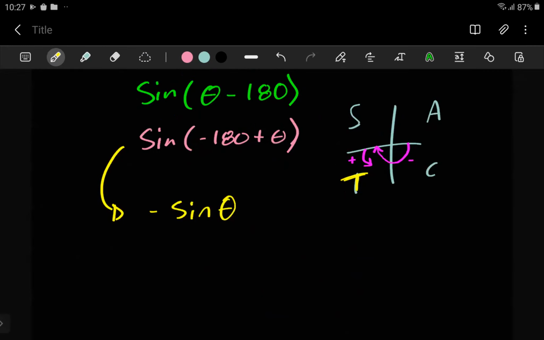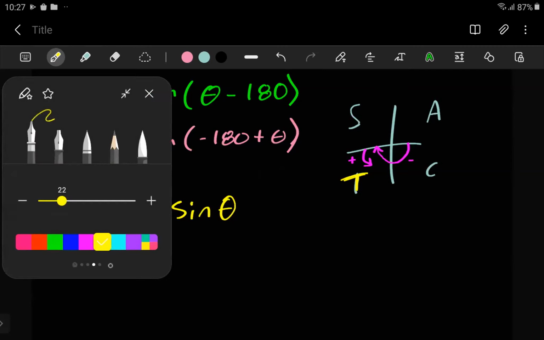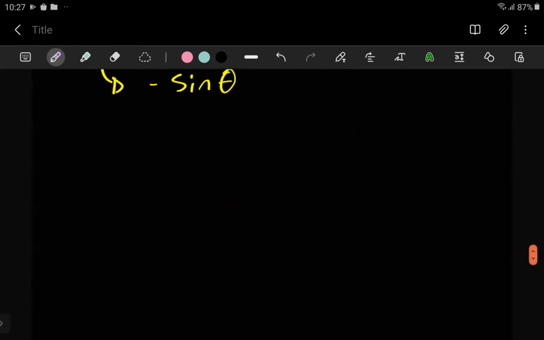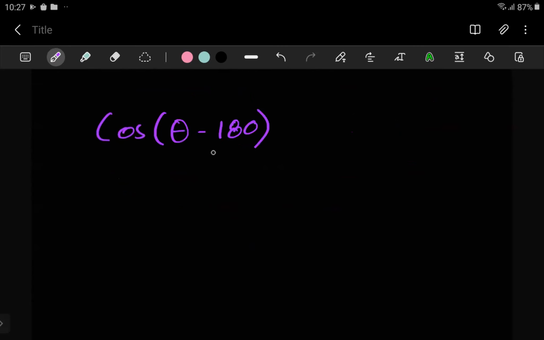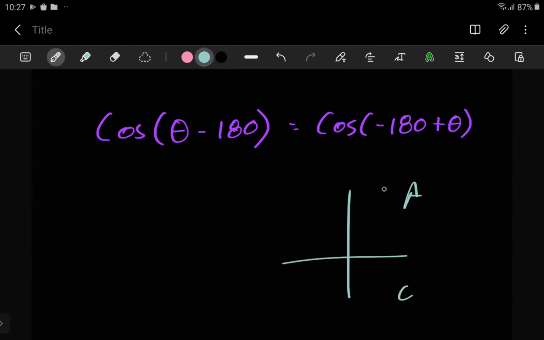Yeah, I see that. So we can have another example. If you had, let's use cos theta minus 180, these two you can just write swapped around. So you can have cos of negative 180 plus theta. And then we say you just have to be careful with your CAST diagram.